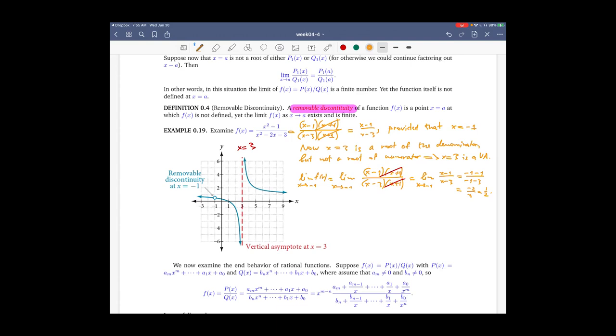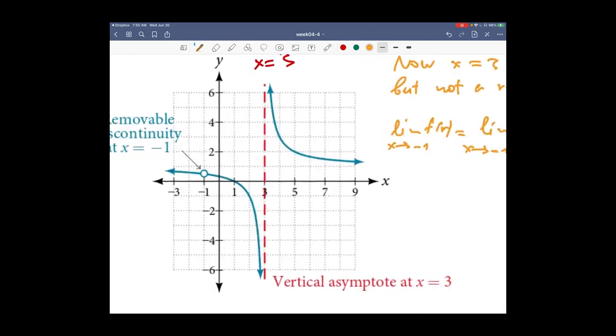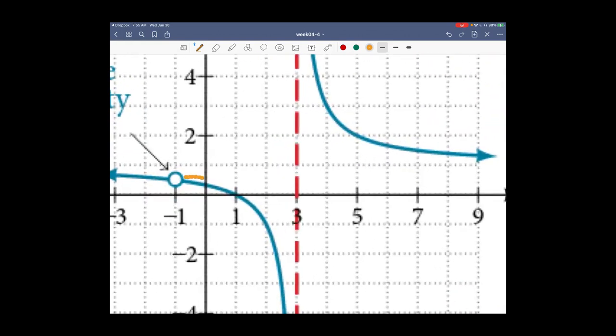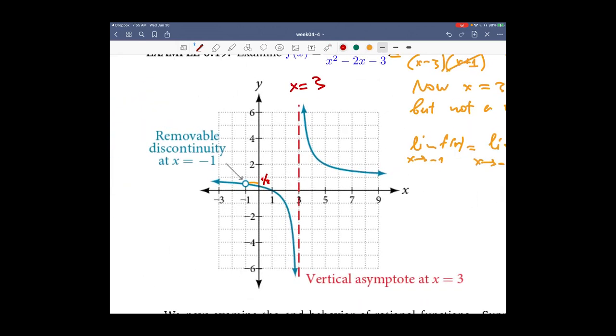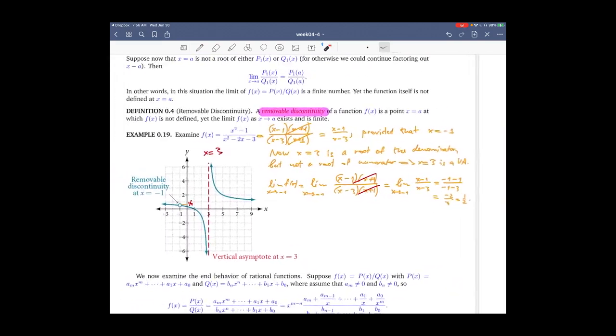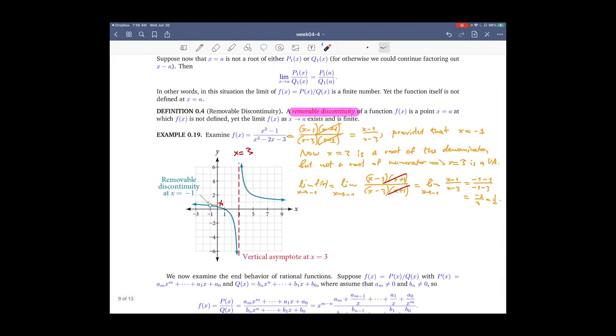It exists and is finite. The limit that our function f approaches when x approaches -1 from either side is 1/2, even though at the point itself the function is not defined. You can clearly see here why this terminology makes sense. Why it's called removable discontinuity, right?